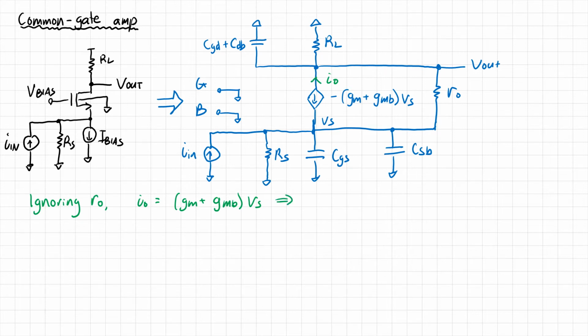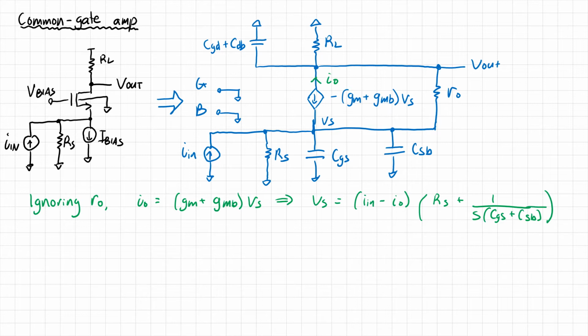VS is equal to I in minus IO times the impedance at the node there, which is RS in parallel with 1 over s times CGS plus CSB.